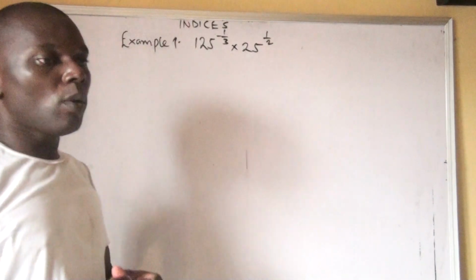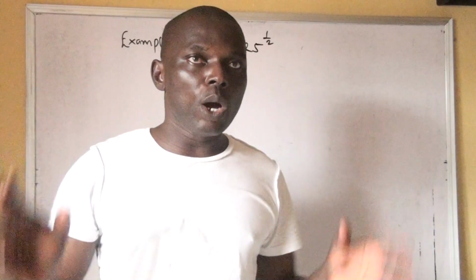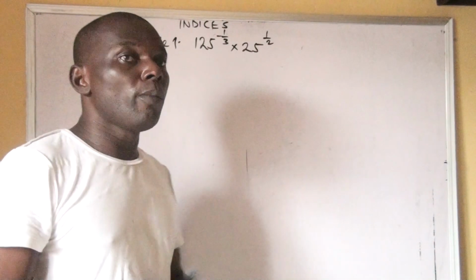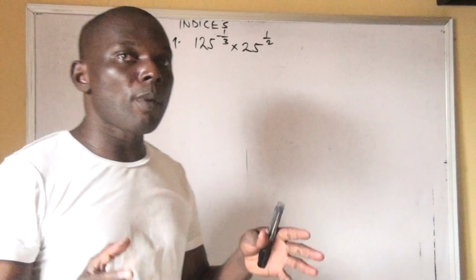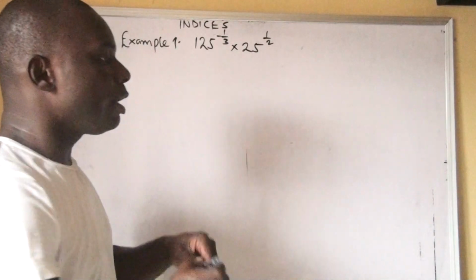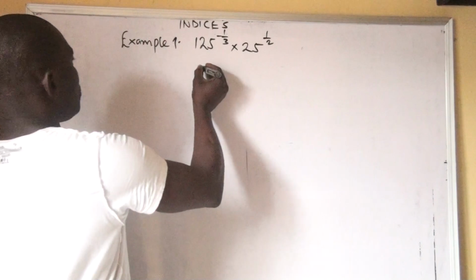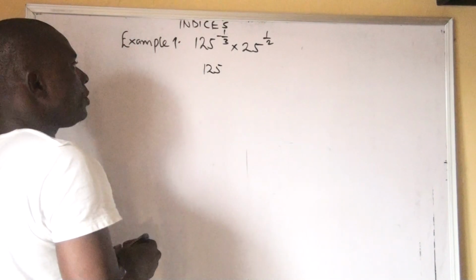Okay, here one thing we have to understand in the operations of indices is that we must also know our prime numbers. You should know how to express a number as the product of its primes in index form. For instance, for 125 we look for a prime number that can divide it.